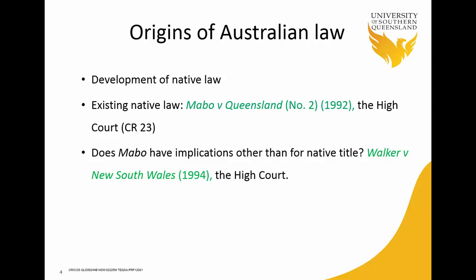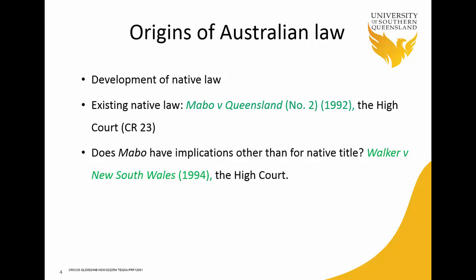Later, in the 19th century, the Privy Council modified this principle because they said that terra nullius could also be applied to territories where the inhabitants had not created an organized society with a recognizable legal system.